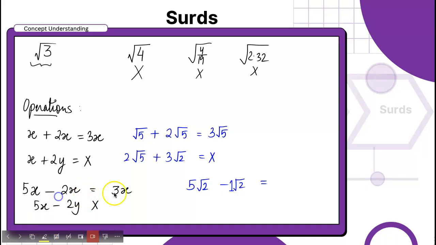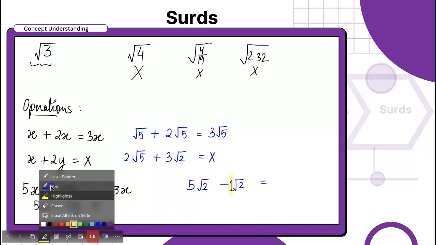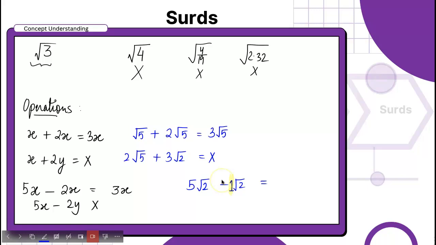Because it's nothing visible, we can't see what the number is, but it's 1 there. So 5 root 2 take away 1 root 2 gives us 4 root 2, correct? If it's 5 root 2 take away 2 root 3, we can't simplify that, correct?